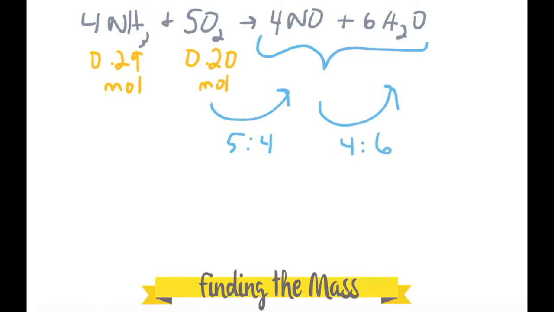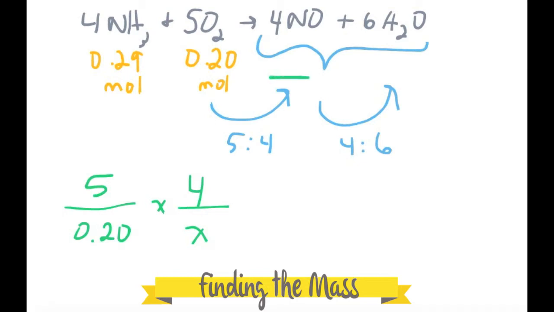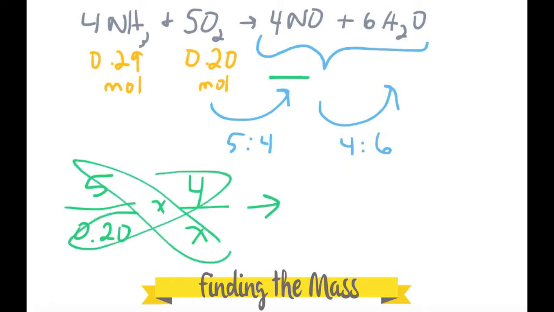We can solve by using proportions. 5 over 0.20 equals 4 over x. X is going to stand for the moles of NO, or nitrogen monoxide. We can now cross multiply, and this will give us 0.16 moles of nitrogen monoxide.